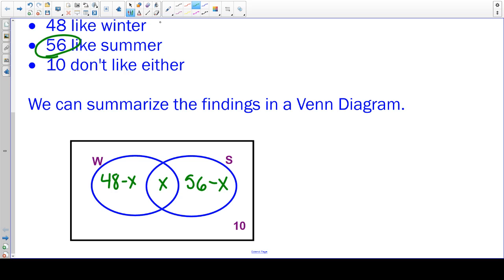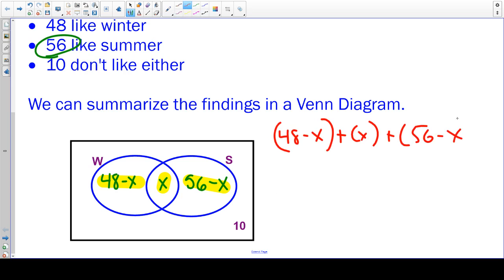So in other words, we're going to say that this, and this adds up to 90, and we're going to solve for X. So let's do that. 48 minus X plus X plus 56 minus X is equal to 90.